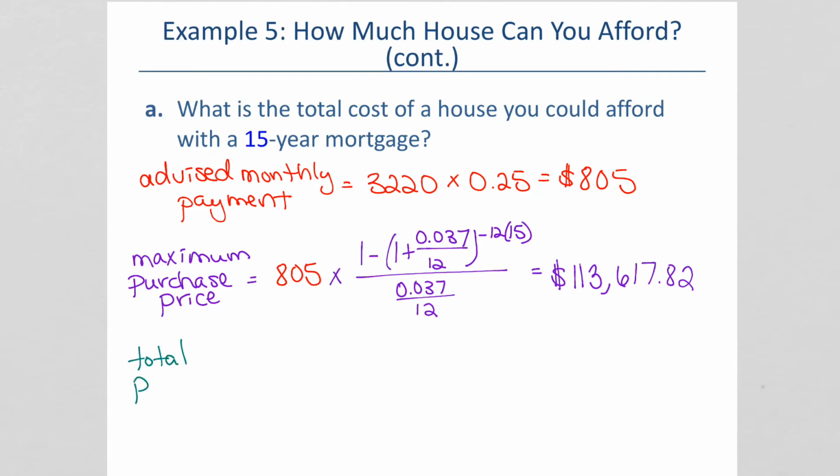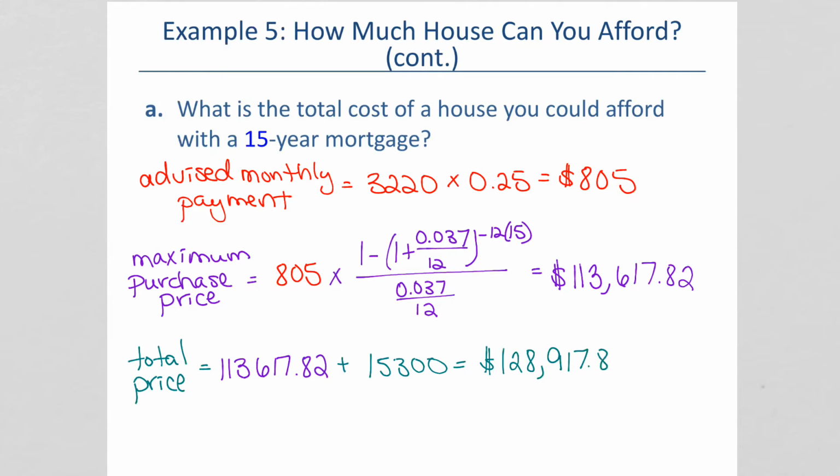So the actual total price would be this number we found plus your down payment of $15,300. So you could be looking for a house for $128,917.82. Okay? That's if you wanted a 15-year mortgage.